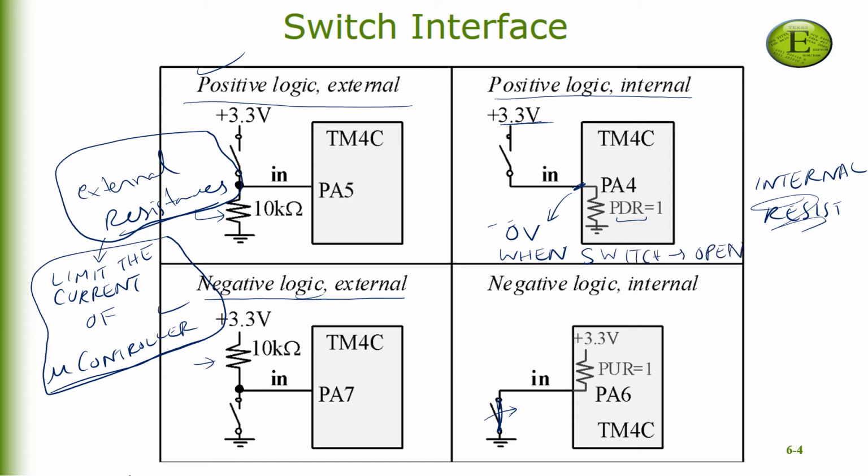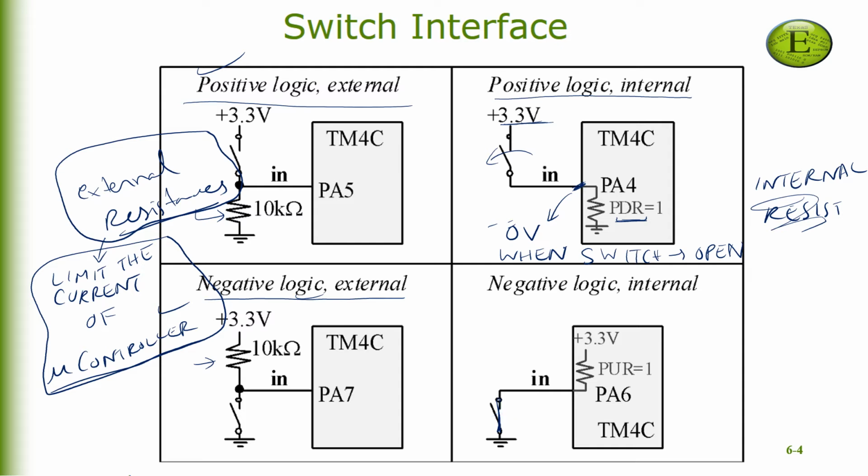So when the switch is open, such as shown here, then to make sure that the voltage at the pin is 0 volt, it is grounded, we have the pull down resistance. That's why the resistance in this case is called PD, pull down resistance.